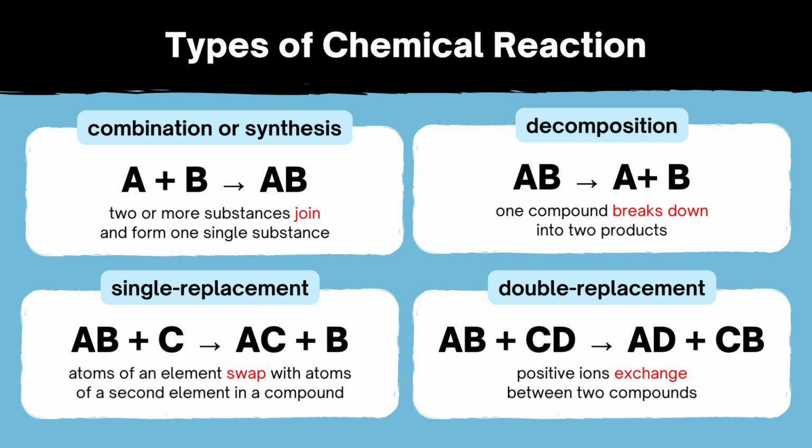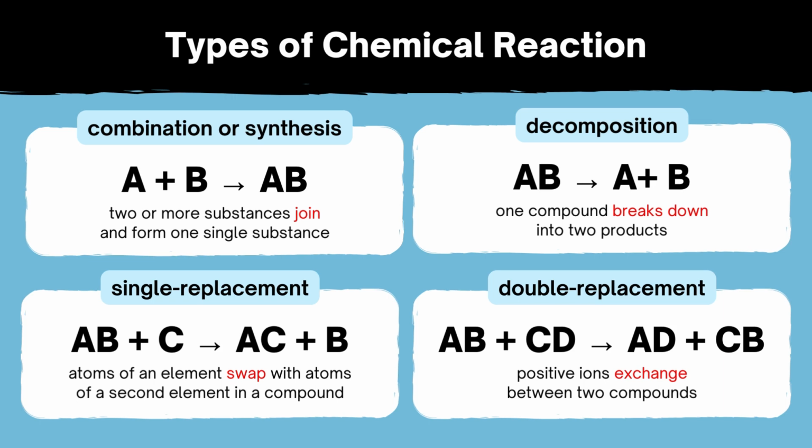On the other hand, in single replacement, AB reacts with C to yield AC plus B. In single replacement, atoms of an element swap with atoms of a second element in a compound. As you can see, B and C on the reactant side swap in the product side.